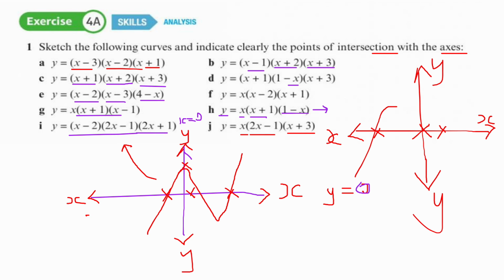Again, it will look like this as a rough sketch, guys. It crosses the y-axis at 0, because when x equals 0, y equals 0. You can check your answers by subbing in those values.